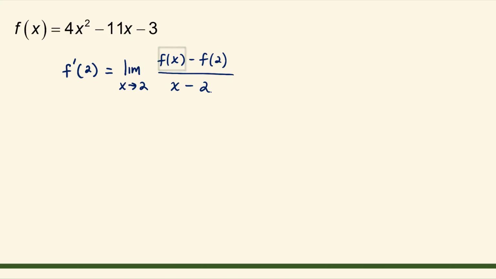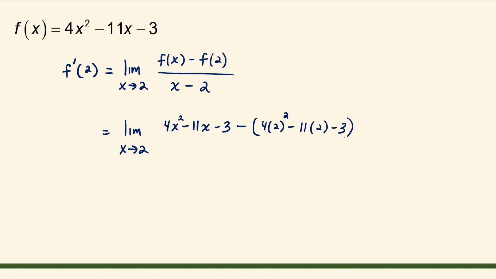Also, for f of 2, we will substitute 2 into function f, giving us this is equal to the limit as x approaches 2 of f of x, which is 4x squared minus 11x minus 3, minus what we get when we evaluate f of 2, which will be 4 times 2 squared minus 11 times 2 minus 3, all of that over x minus 2.